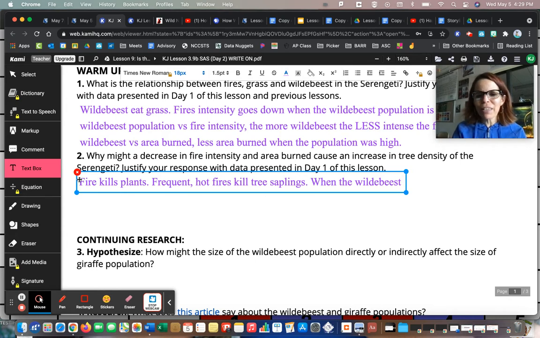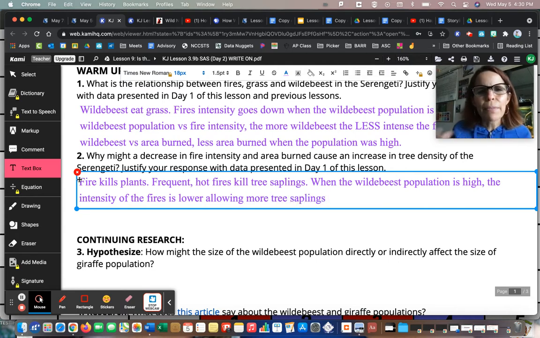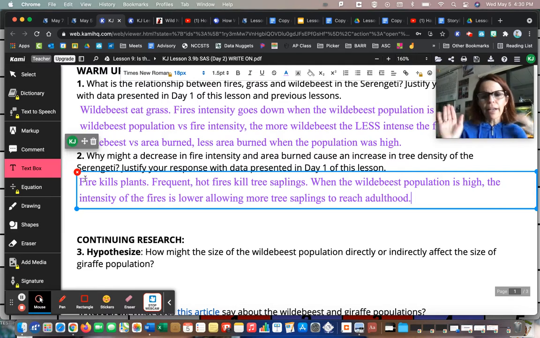When the wildebeest population is high, the intensity of the fires is lower, allowing more tree saplings, that's what a tree baby is, more tree saplings to reach adulthood. So they're growing up. And that's enough.